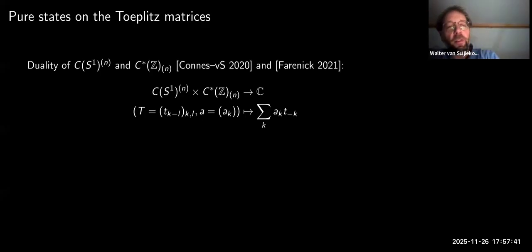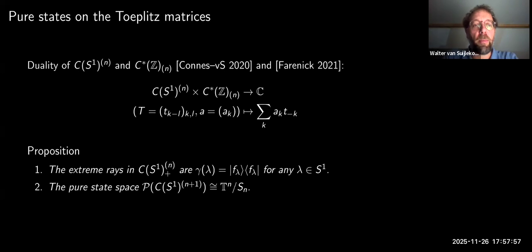Not a problem. So what you get is, you can actually now revert this previous proposition because I have a duality. If you have a duality of operator systems, then the extreme rays in one cone of positive elements will actually be the states on the other operator system, just by definition. That means that the extreme rays in the cone of positive elements in the Toeplitz matrices are given by these rank 1 projections that you have for any lambda in the circle, while the pure states correspond to these zeros that I had to choose, which are the extreme rays in the dual.